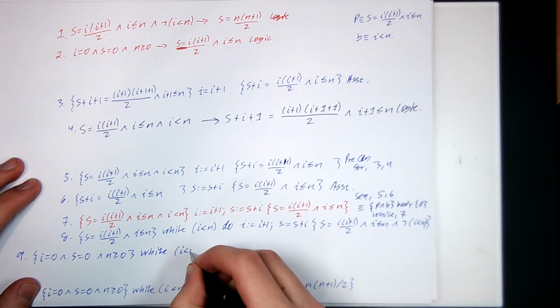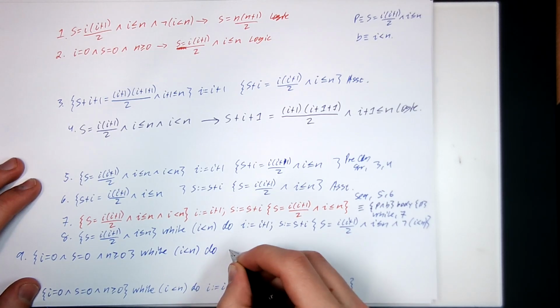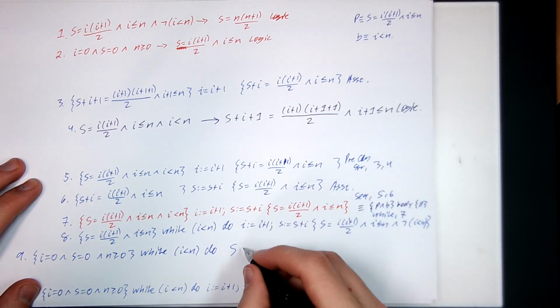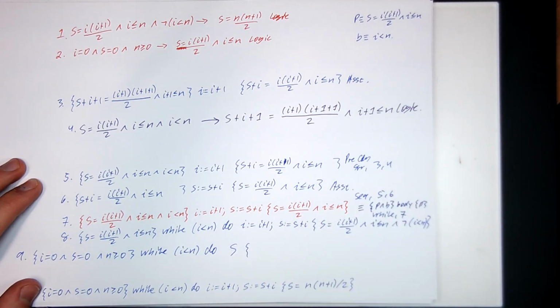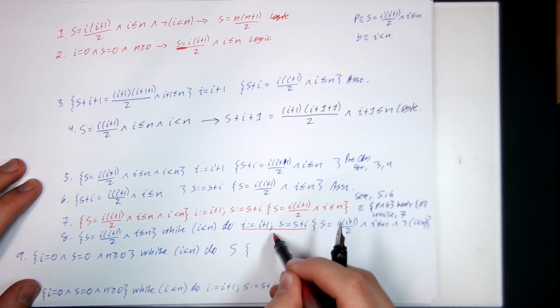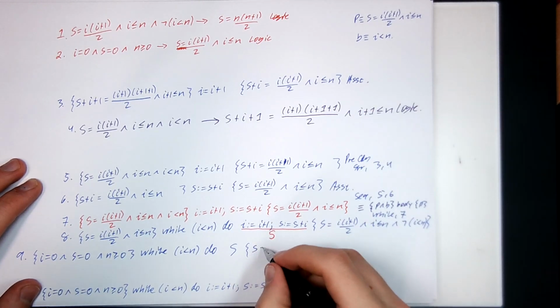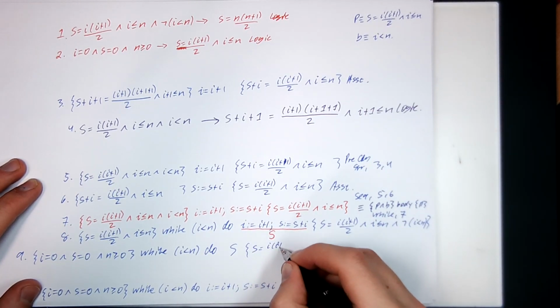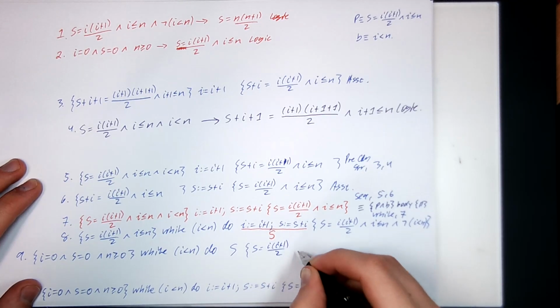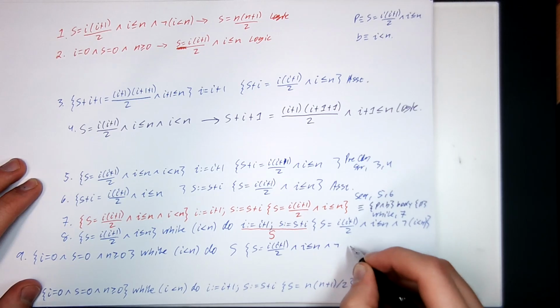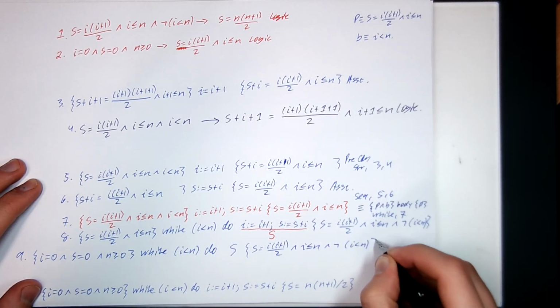While I strictly less than N, do the code. I'm just going to put S to represent all the code because I'm being lazy. But you should understand that S refers to all of this, big S. Little s equals I plus 1 on 2, and I less than or equal to N, and it's false to say I strictly less than N.